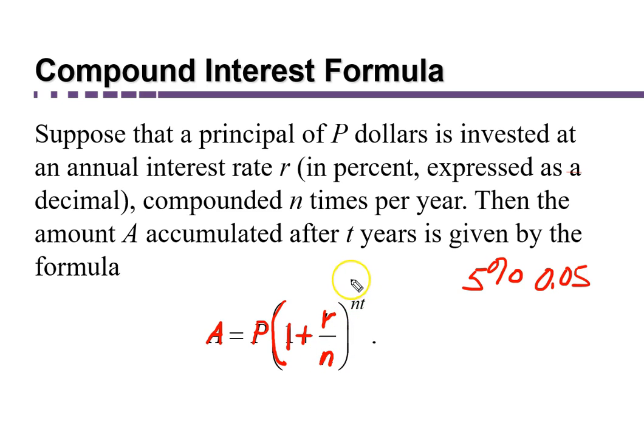And then up here in this position we have n, which is that same value n, multiplied by t, which is the number of years. Okay, so they describe it here too. This is the official formula for compound interest. Let's go on.